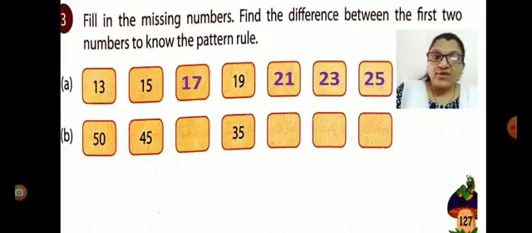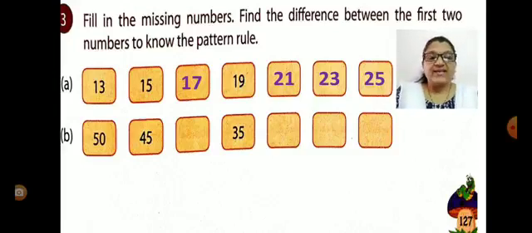So, after 45, which number will come? For that, we have to subtract 5 from 45. So, 45 minus 5 equals 40. 40 minus 5 is 35.